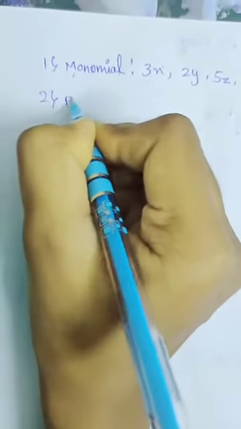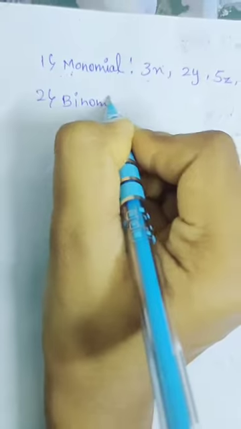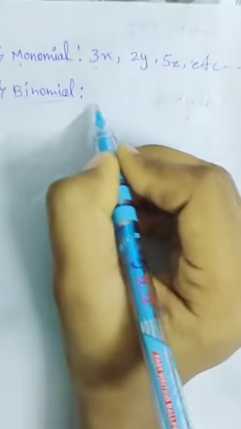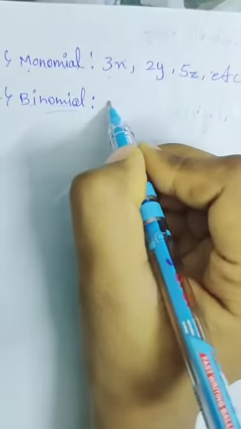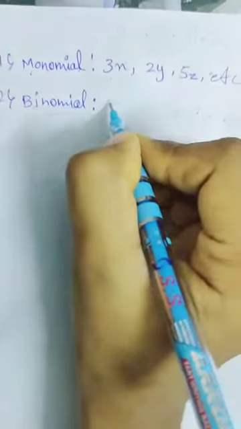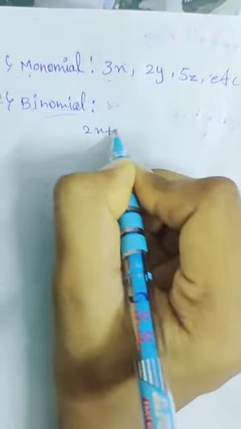Now the second one is binomial. Here, algebraic expressions having two unlike terms. Here we have to mention two unlike terms, because if we just say that an algebraic expression having two terms is called a binomial expression, it gets wrong. If we mention two terms, we can write 2x plus x.